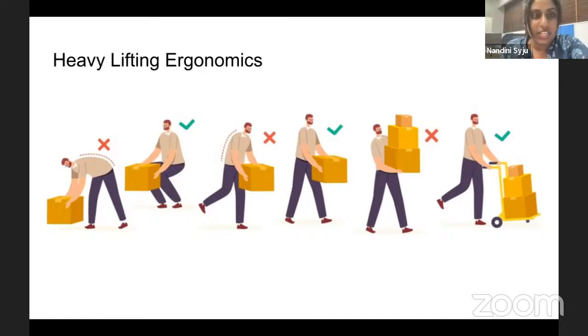So over here if you see the image, right, there is the right way to pick things up and there is a wrong way to pick things up, and it all has to do with posture. And when you talk about handle ergonomics, or even ergonomics of a remote, it really revolves around posture, right?